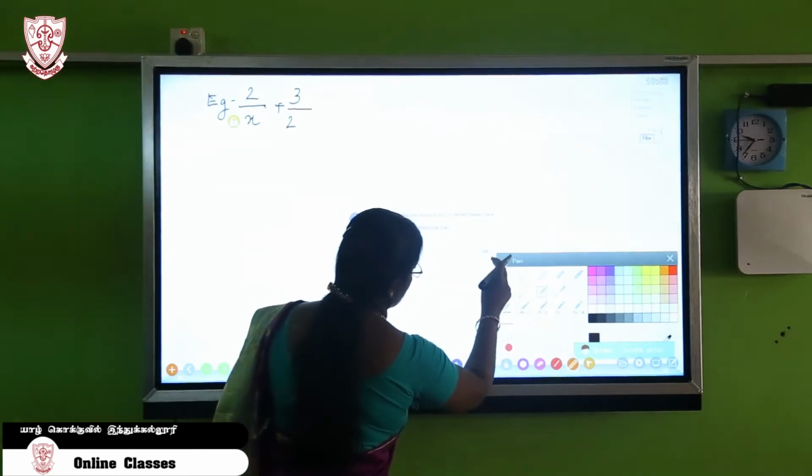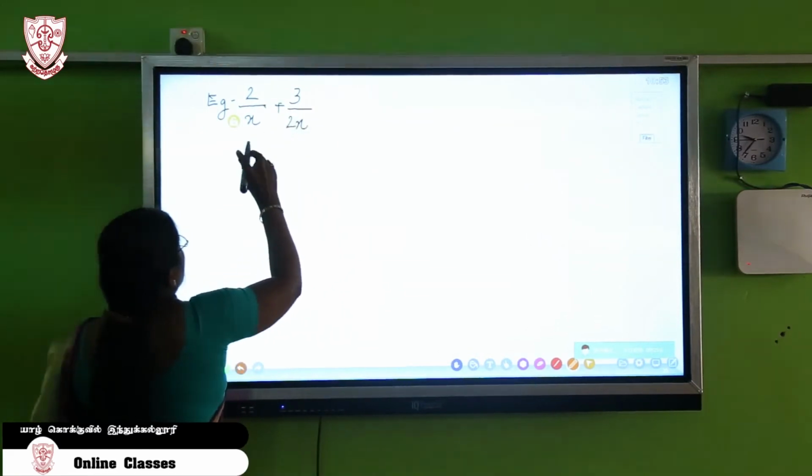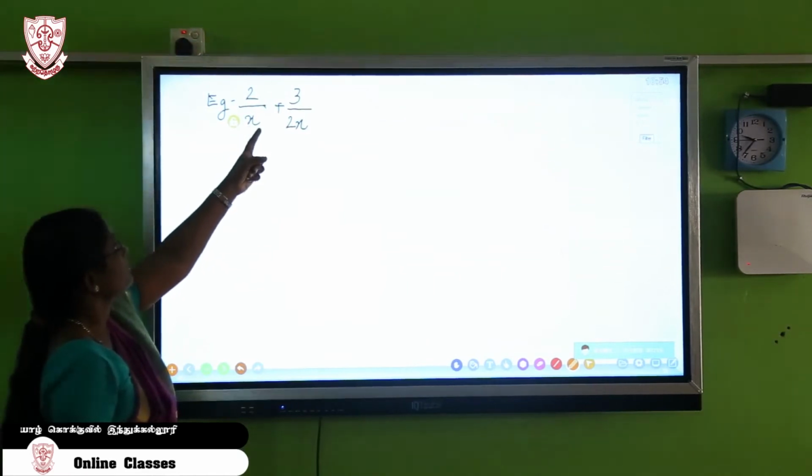Here the denominators are not equal, x and 2x.